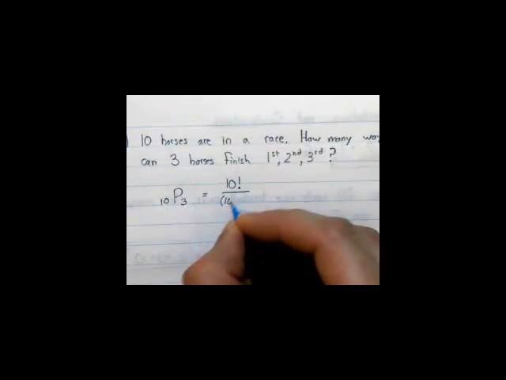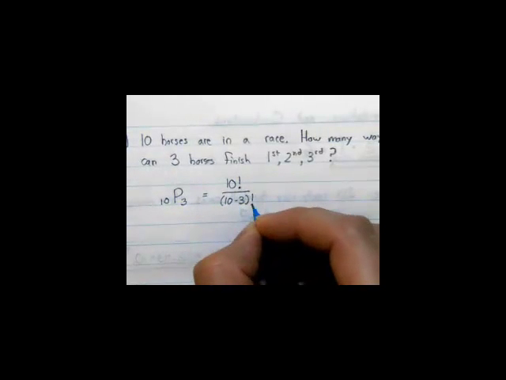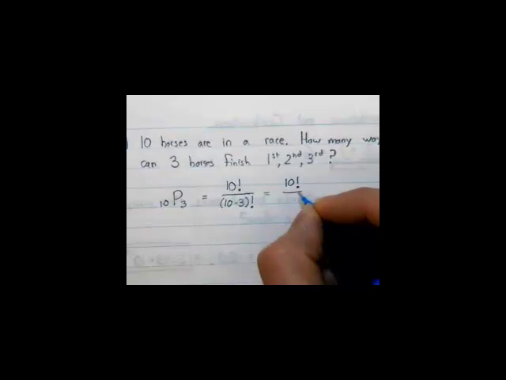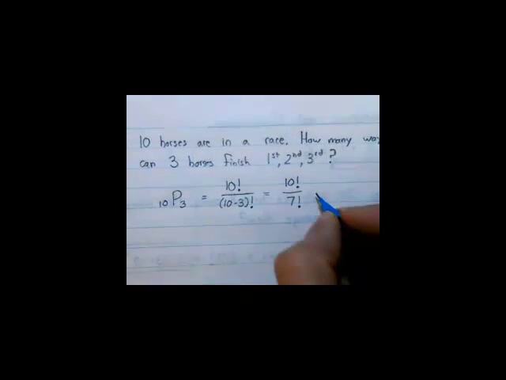Yeah, over 10 minus 3 factorial. Okay, so that would be 10 factorial over 7 factorial. So what do you get? So it should be 720, right?